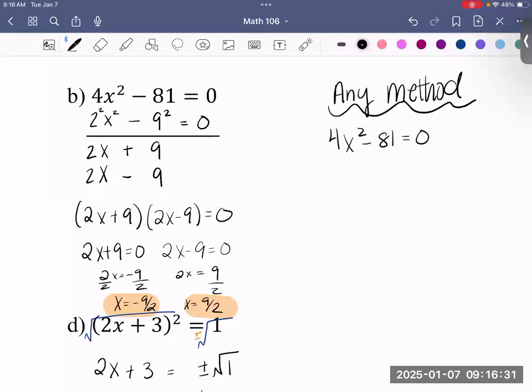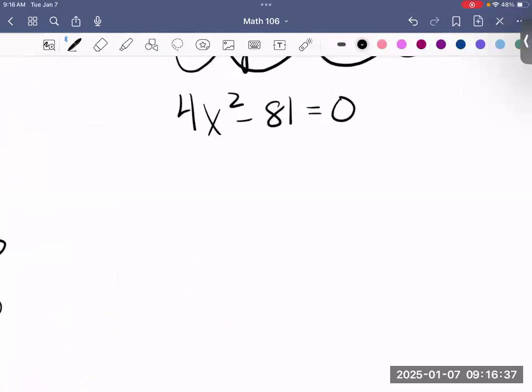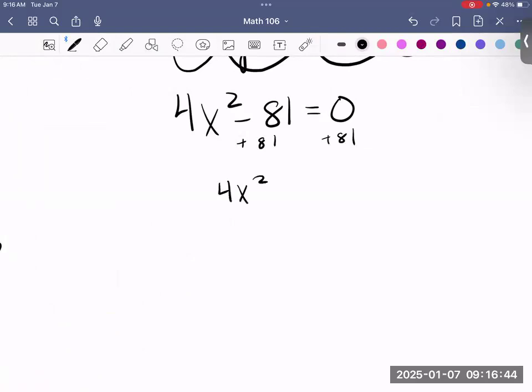Same sort of idea as the one previous. We want to get your coefficient alone. So move your constant to the other side, add the 81. 4x squared is equal to 81. It's positive. Now let's go ahead and get your x squared term alone. We want to divide both sides by 4.